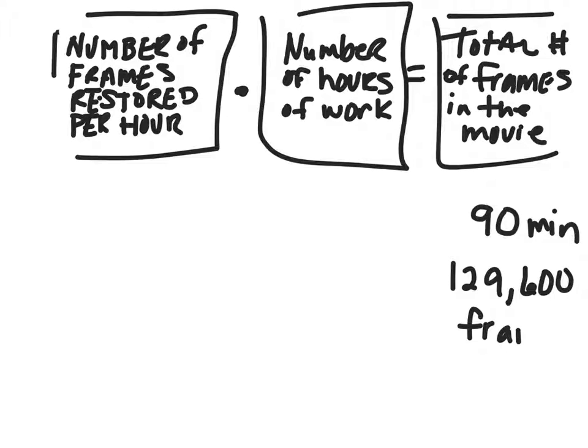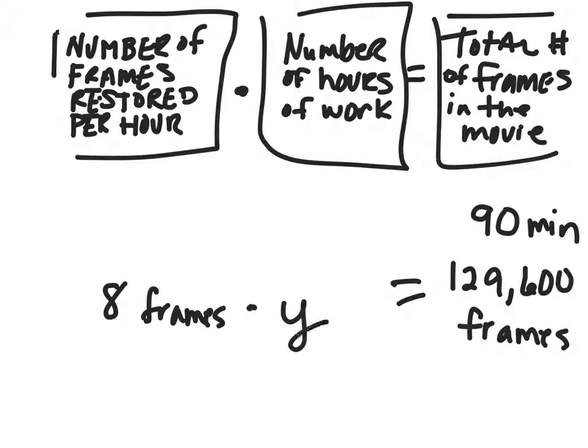So now all we have to do, we know that it takes 8 frames per hour. And now we need to figure out the number of hours of work, how long it's going to take to do it, and we don't know that yet. And we simply then set up, so this is our first problem, is 8 times y equals 129,600.